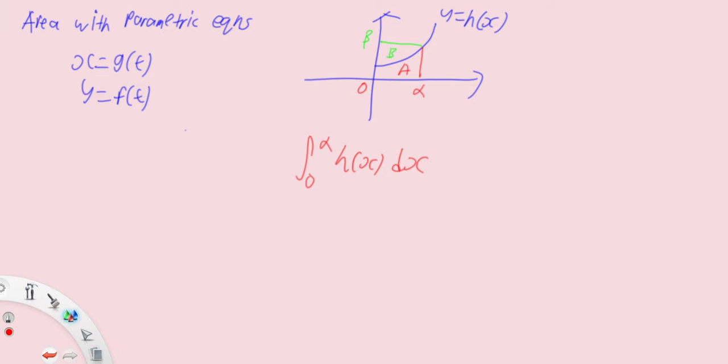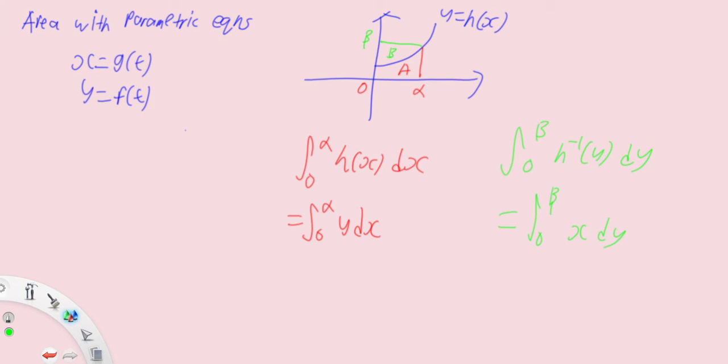If we want to find the area B, then we will integrate 0 to beta. Now we have h inverse of y, basically making x the subject, and then dy. If we rewrite this, we know h(x) equals y, so I'm going to rewrite it as the integral from 0 to alpha of y dx, and for our h inverse of y, we know that it's basically x, so x dy.